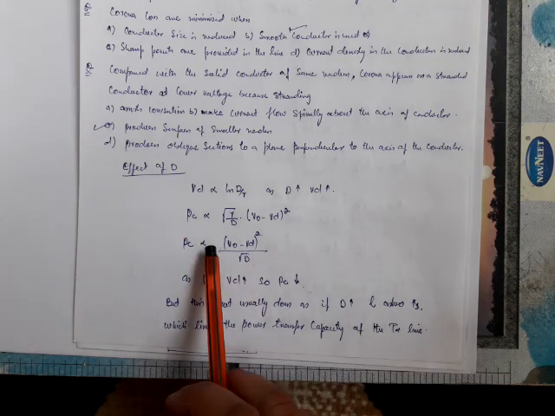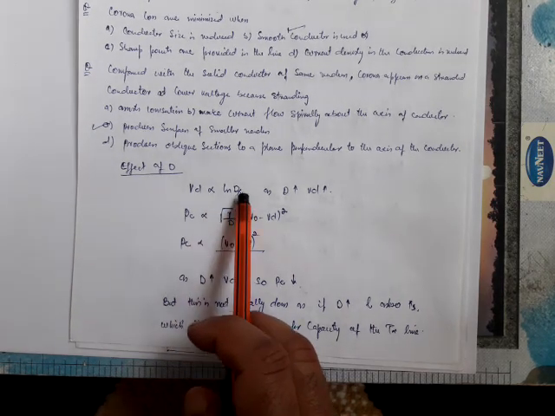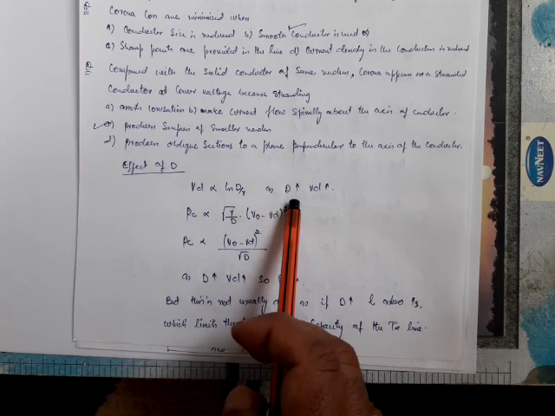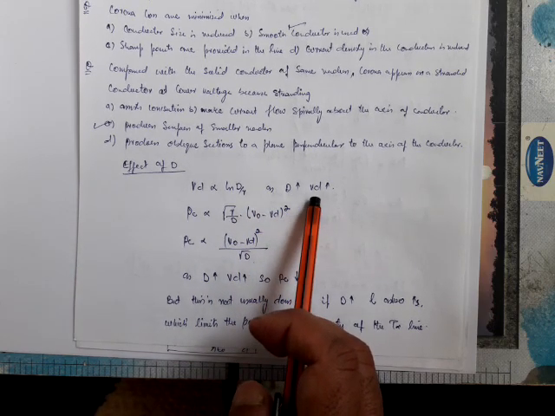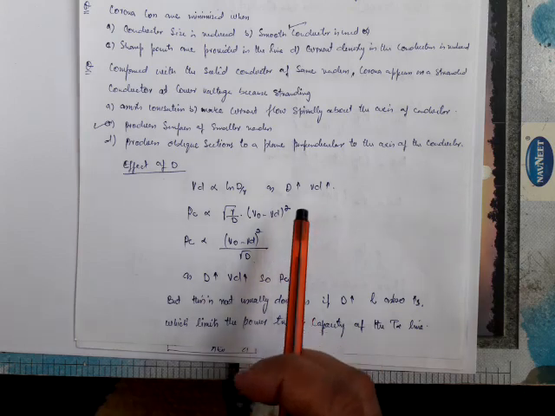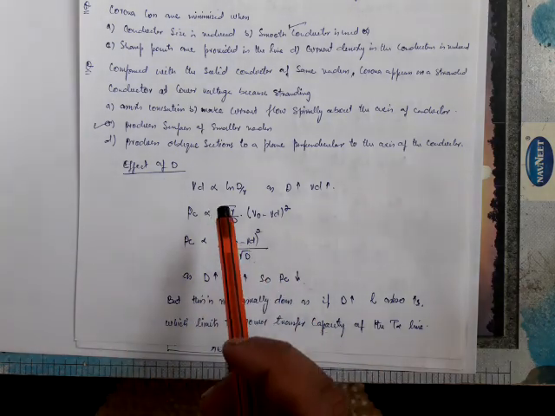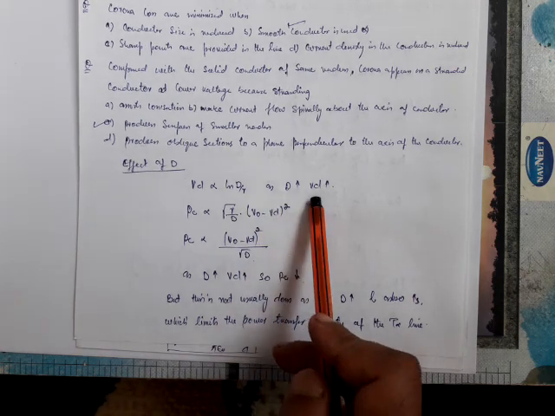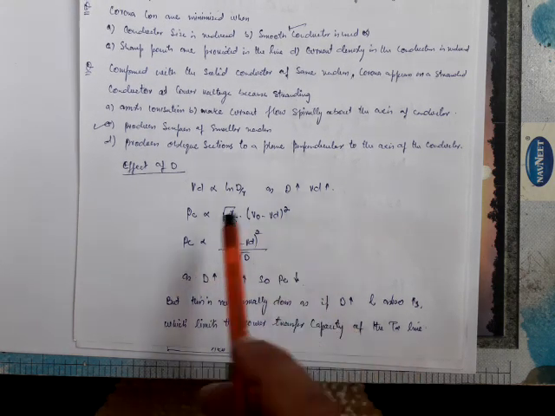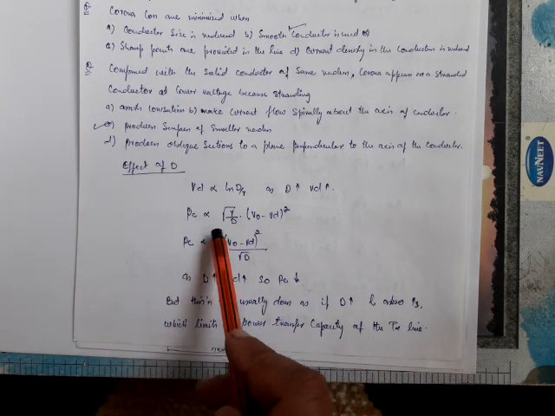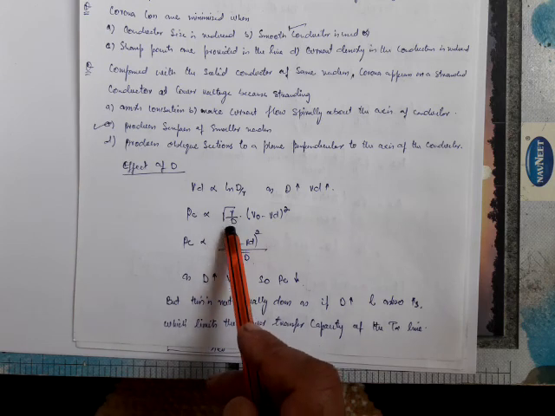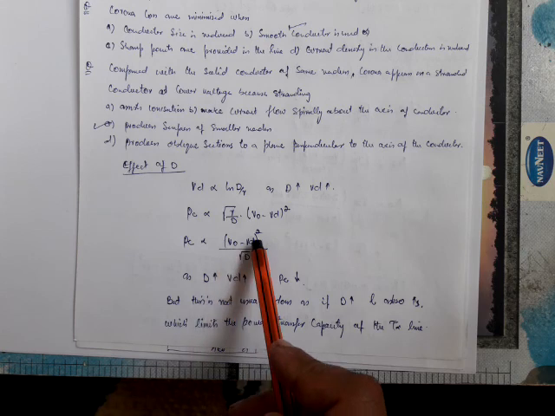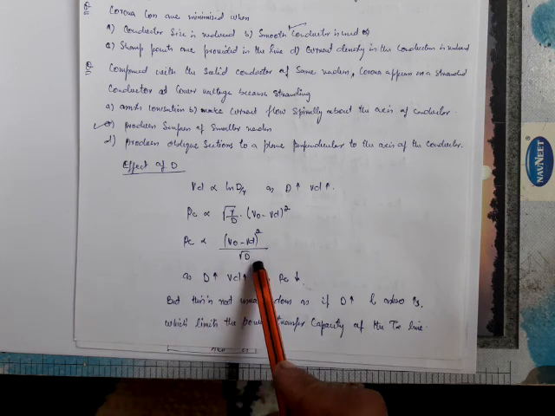We know that VD is proportional to ln of D by R, because VD is equal to 21.1 R delta m naught ln of D by R. The rest are independent of D, so I write only ln of D by R. As D increases, VD increases. Also, PC is proportional to square root of R by D times (V naught minus VD) whole square. I can write it in combination as (V naught minus VD) whole square divided by square root of D.